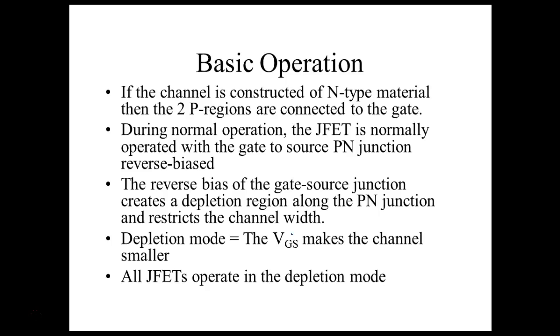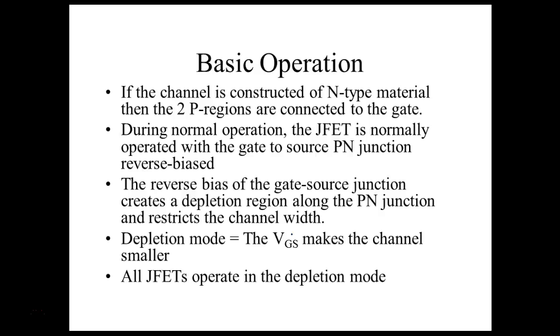If the channel is constructed of the N material and the two P regions are connected to the gate, during normal operation, the JFET is operated with the gate to source PN junction reverse biased. If we forward bias, it's going to act like a diode, and we lose total control of the transistor.